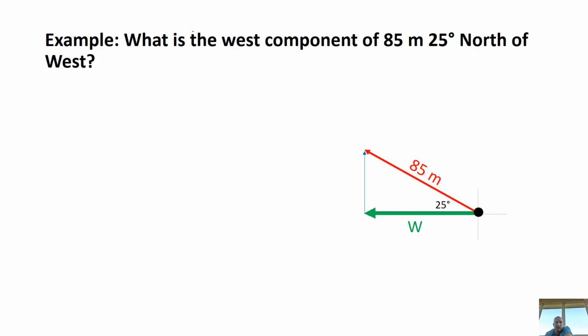You're going to find that might mess you up once or twice because you forgot to do that. So what's the west component of 85 meters, 25 degrees north of west? I went ahead and drew out this triangle earlier, but we're looking for the west component. This is where you have to remember, my angle is right here. If you drew your triangle wrong and didn't put your angle closest to the origin dot, you might not have this as the adjacent side. I have the adjacent side and the hypotenuse, and that's going to lead you to cosine.